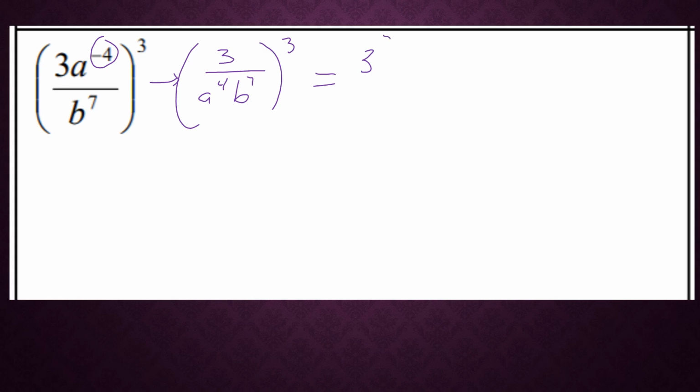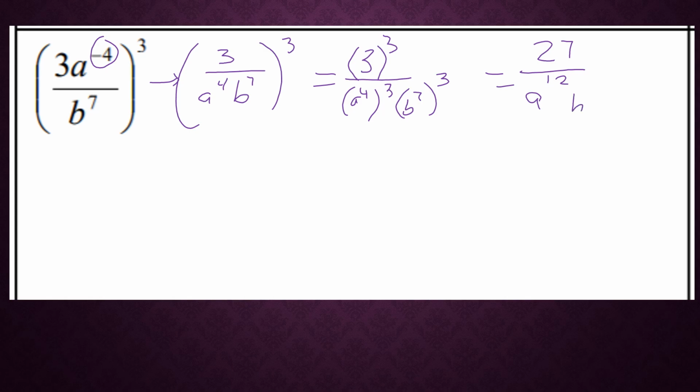So that'll become 3 to the third power, a to the 4th to the third power, b to the 7th to the third power. 3 to the third power is 27. And then we have a to the 12th, b to the 21st. And 4 times 3 is 12. 7 times 3 is 21.